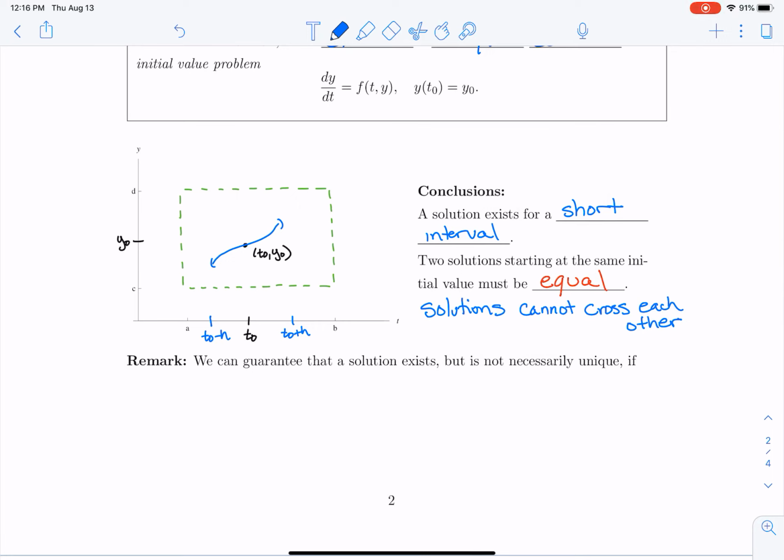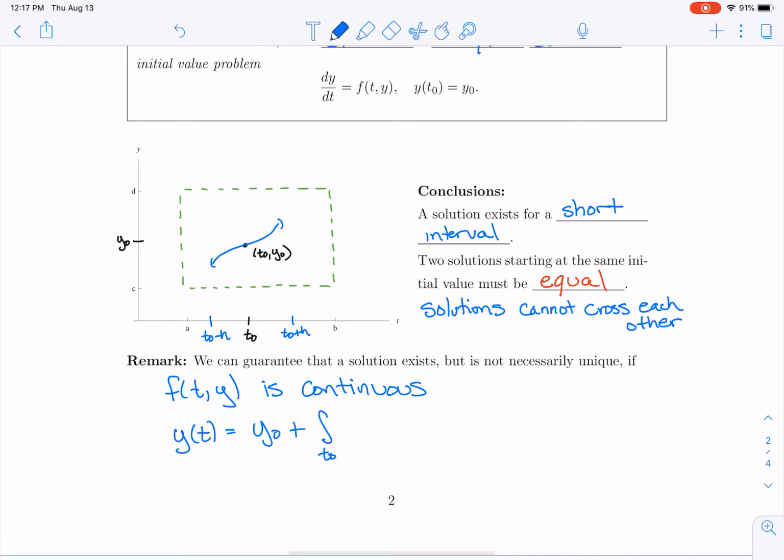I will say some other things about this theorem, and that is we can actually guarantee just existence but not uniqueness if the right-hand side is continuous. So as long as the right-hand side is continuous, then we can guarantee existence. Okay? In fact, we can tell you exactly what the solution is going to be. We've talked about this before. y(t) is actually y0 plus the integral from t0 to t of f(s, y(s)) ds.